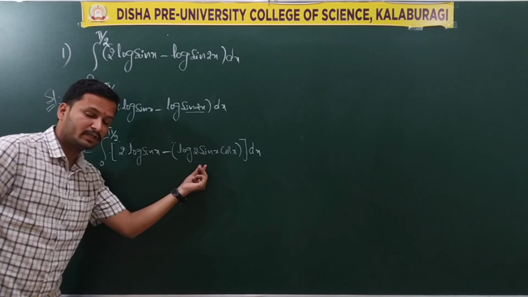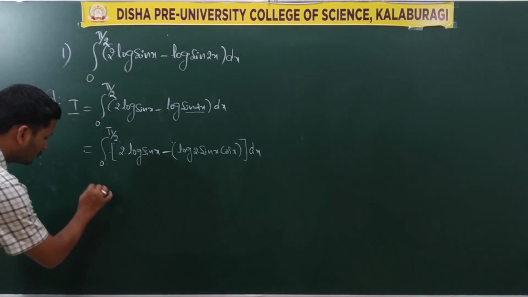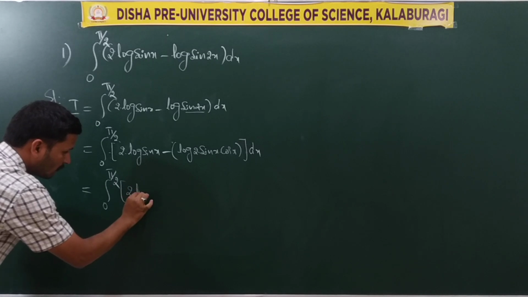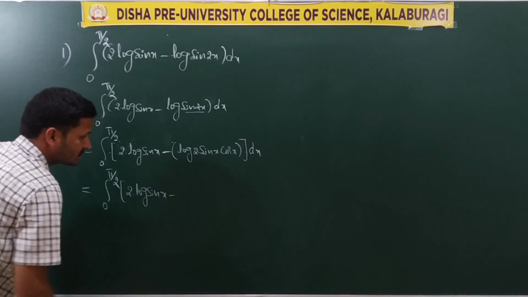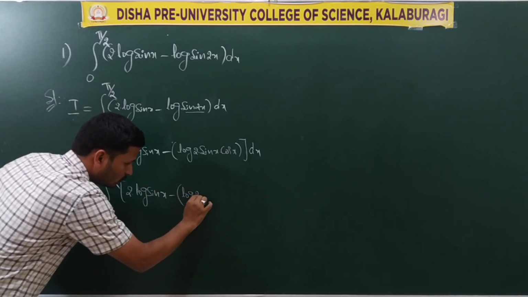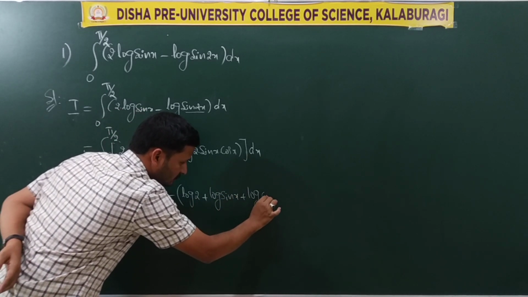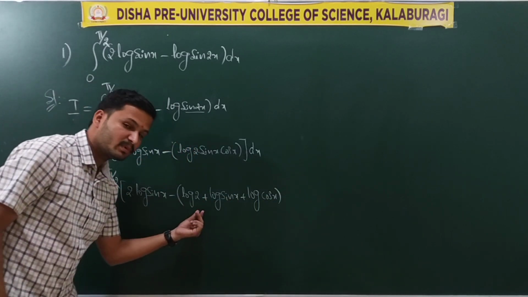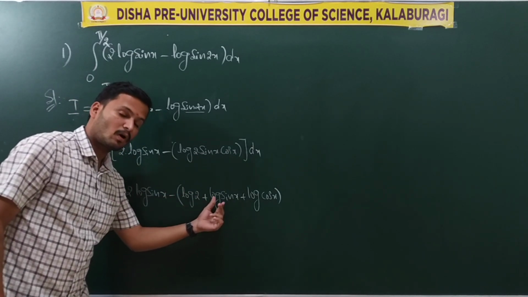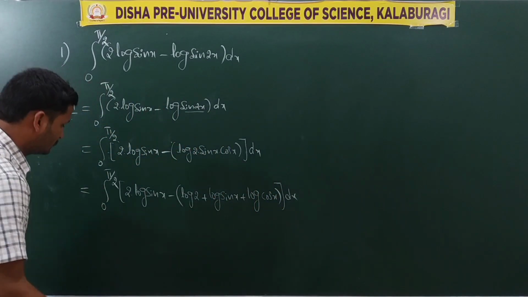So log of m into n into p can be written as log m plus log n plus log p. So it equals the integral from 0 to pi by 2 of log of sin x minus, here, log of 2 into sin x into cos x, which can be written as log of 2 plus log of sin x plus log of cos x, dx. According to the logarithmic property, log of m into n into p is log m plus log n plus log p. Now multiply with the minus sign.